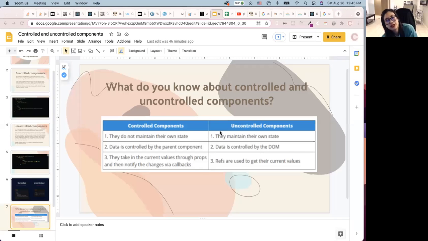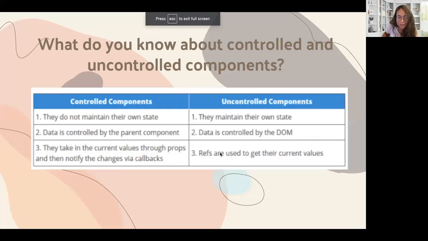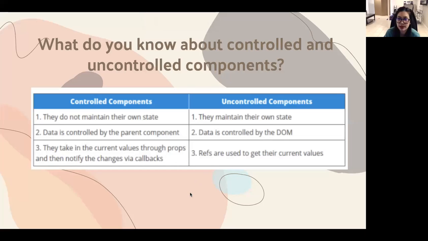The most important thing: do you understand better now about controlled and uncontrolled components? Can you tell me in brief what you understand? Basically, when you control a component, it's controlled by React, and you can control the data. You set the value, and then you set the state to change and follow the value.